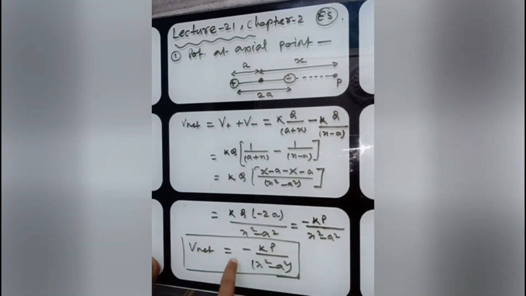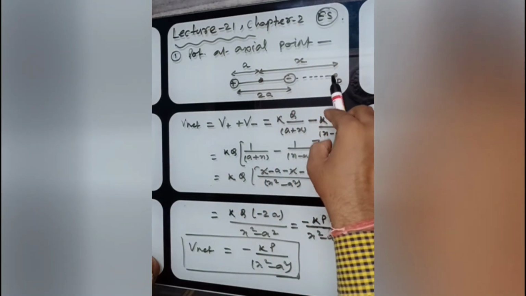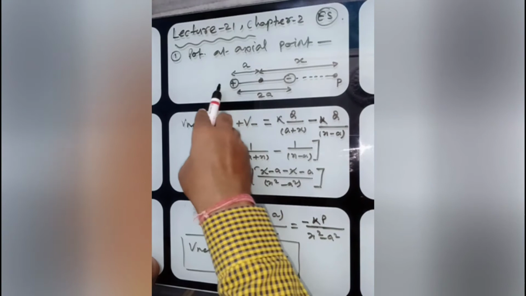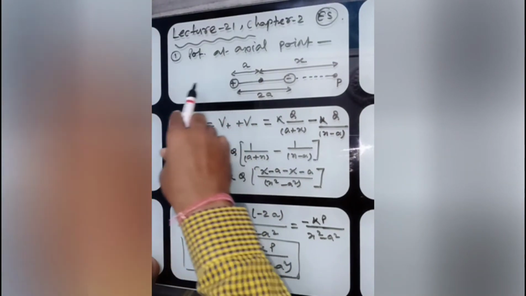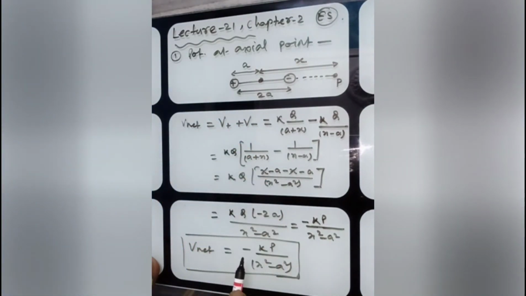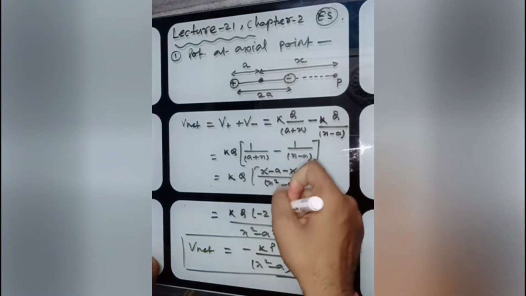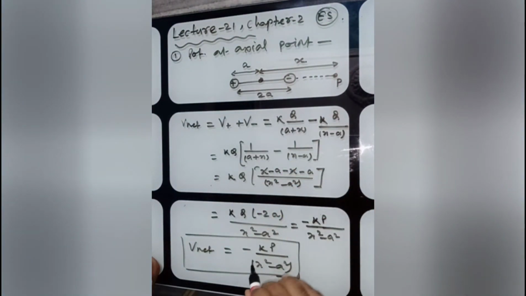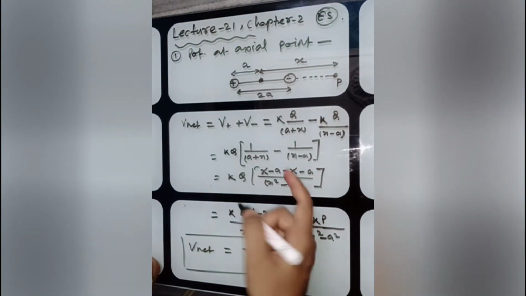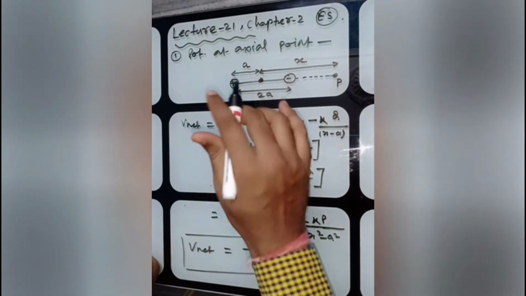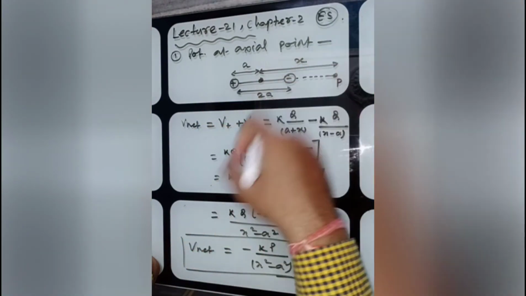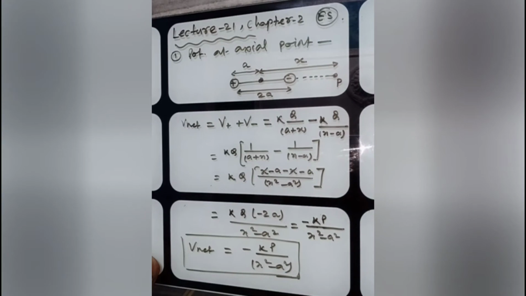That's why we are getting a negative sign over here. If we wish to find the potential near the positive charge, around it you will get a positive sign. Okay, so this is the electric potential due to a dipole at an axial point. Note this down, students.